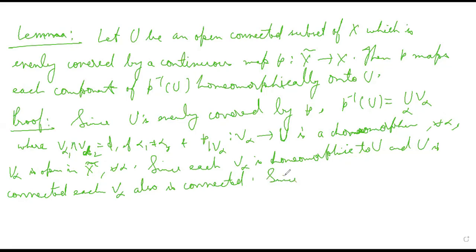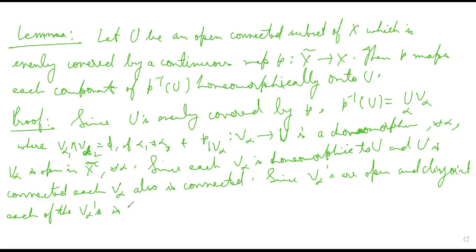Since the V alphas are open and disjoint, each of the V alphas is a component of P inverse U, right?